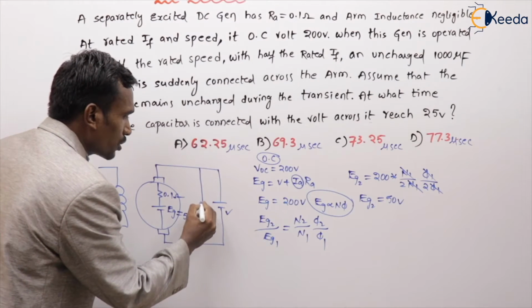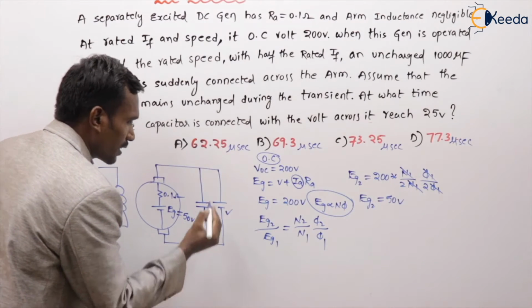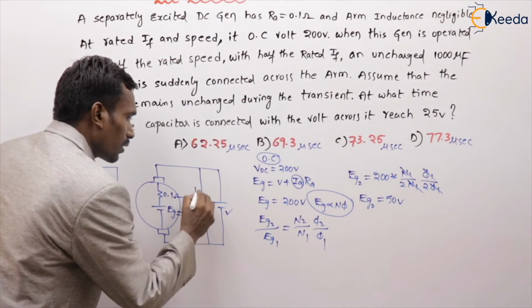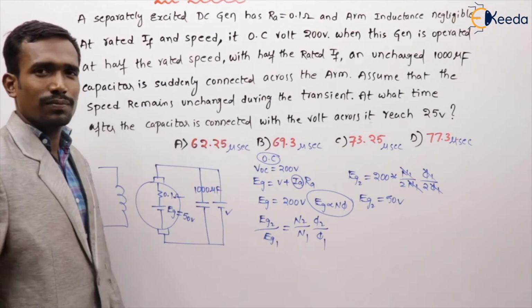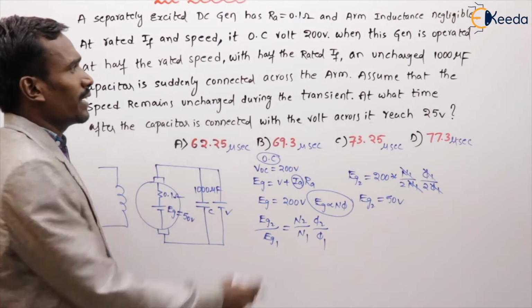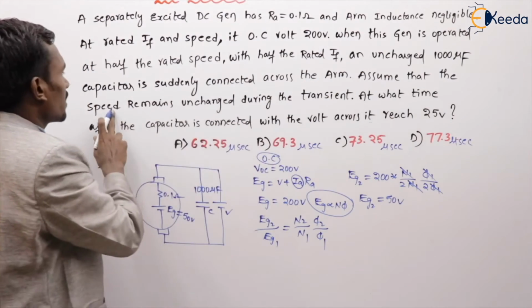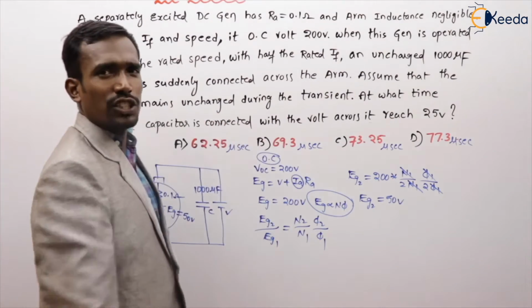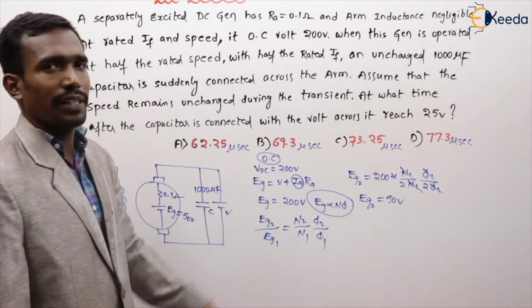This is my capacitor, now connected across this. Assume that the speed remains unchanged. Even though this capacitor is connected, there is no change in speed.